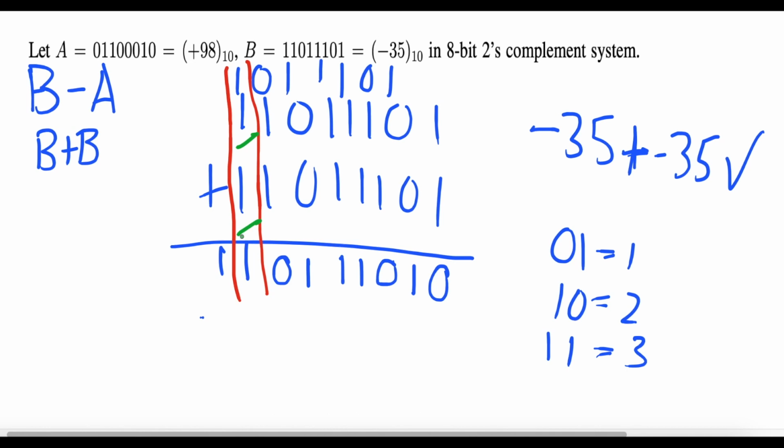In the row in the same column has to be a 1. And we can see that indeed there is a 1 here, as these are all the same. If this was a 0 on the other hand, then it would be overflow. So now we can indicate in this equation that there is no overflow. So therefore this whole equation works and is compatible in the binary 8-bit 2's complement system.